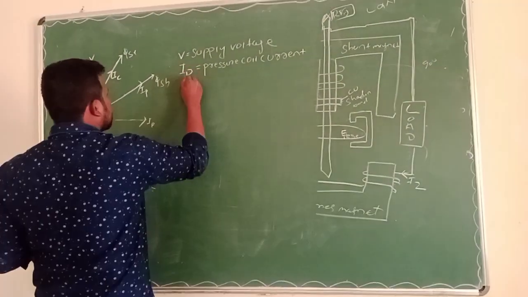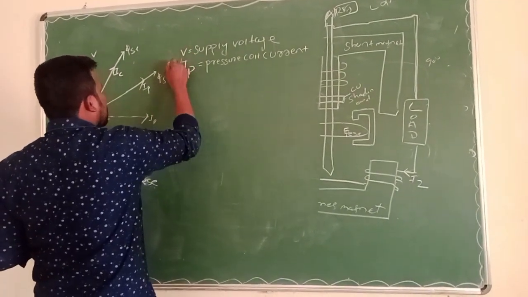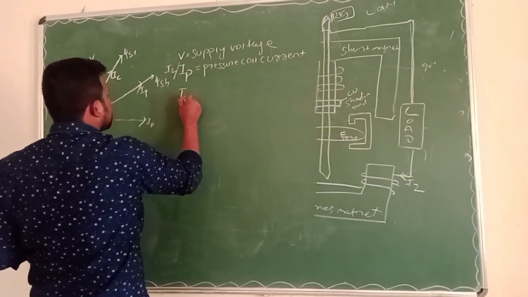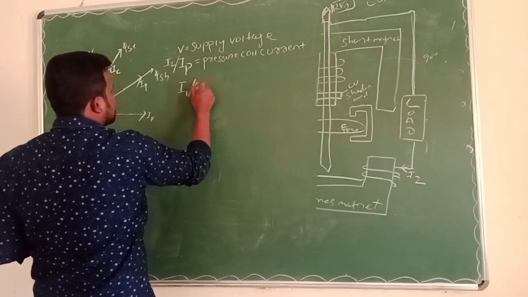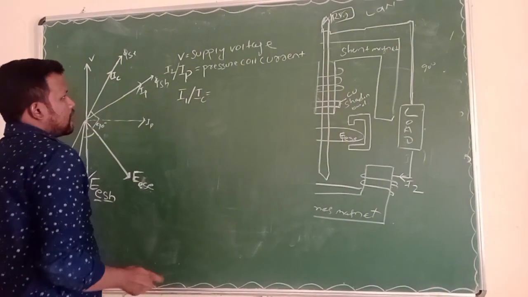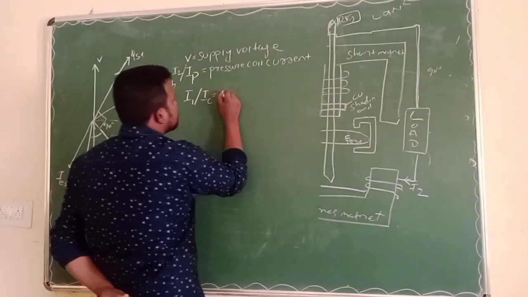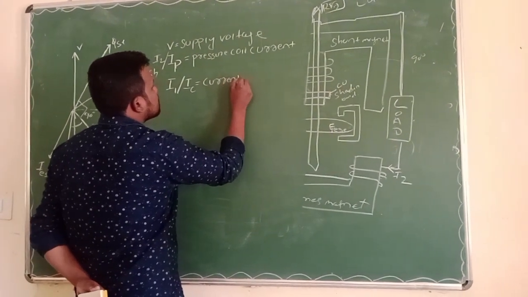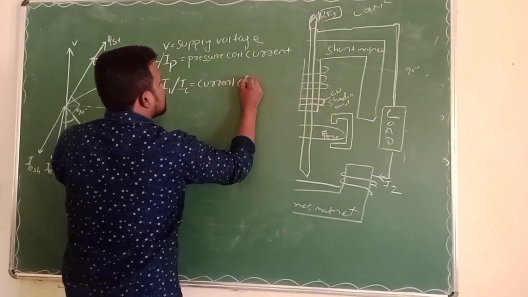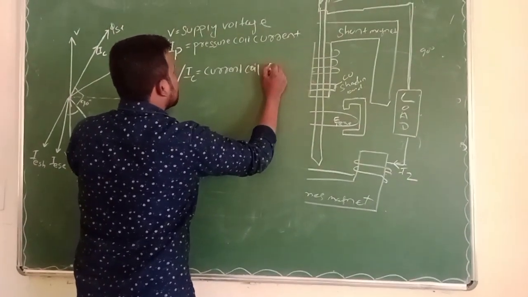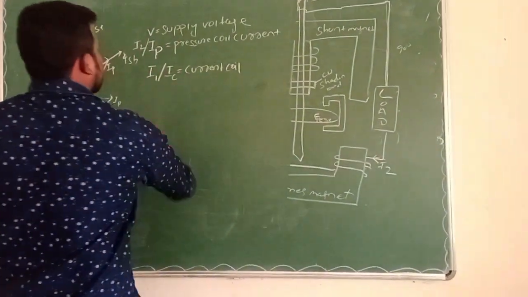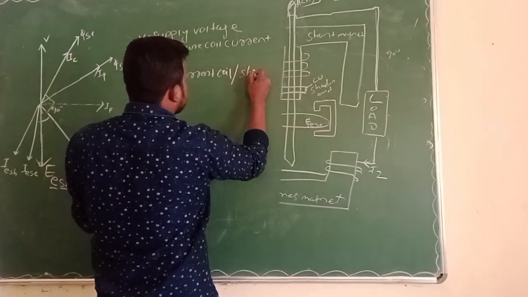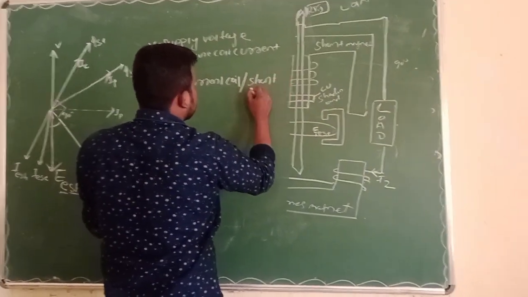Pressure coil current IP, or it is I2 or I1 slash IC. It is also known as current coil or shunt magnet.